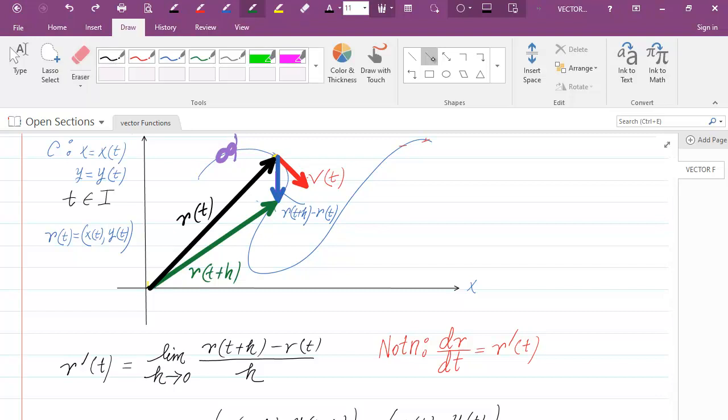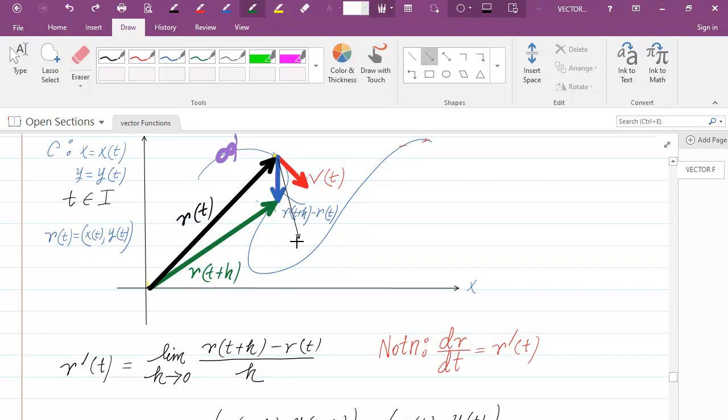So notice that r of t plus h minus r of t divided by h would be a vector that is parallel to the blue vector, and then as h goes to 0, this vector is going to move.